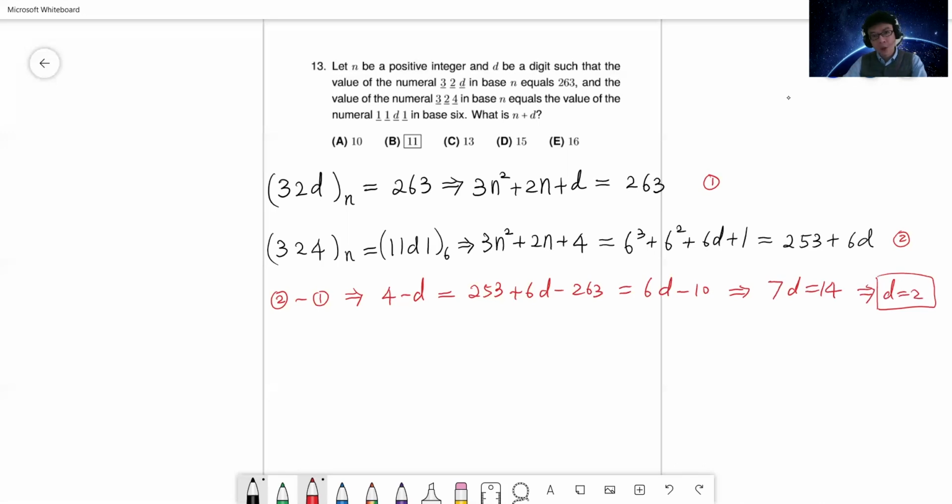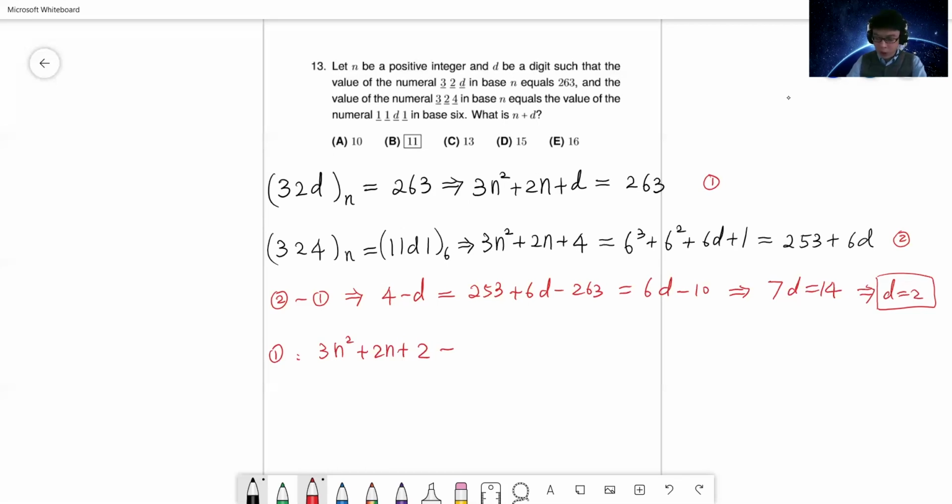Next, let's plug in d equals 2 to either equation. Let's take equation 1. We can solve n here. 3n squared plus 2n plus d equals 263. That means 3n squared plus 2n minus 261 equals 0.